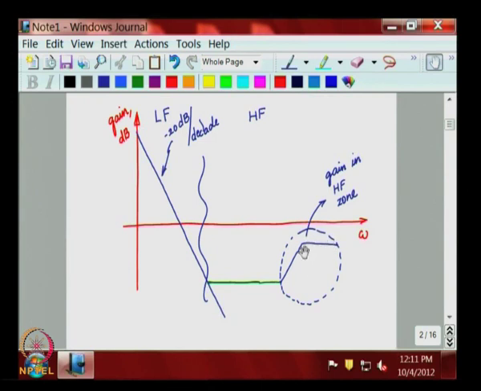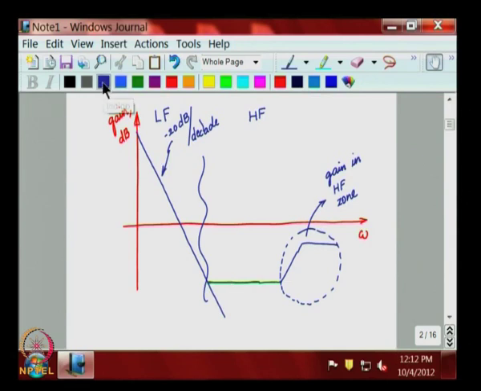System to system you may have to tune this gain. Preferably do not use the D portion. If your performance specifications are met with the integrator and the proportional, stop there. Go for the D only if it is absolutely necessary, and if you are not able to improve the performance with proportional and integral controller.